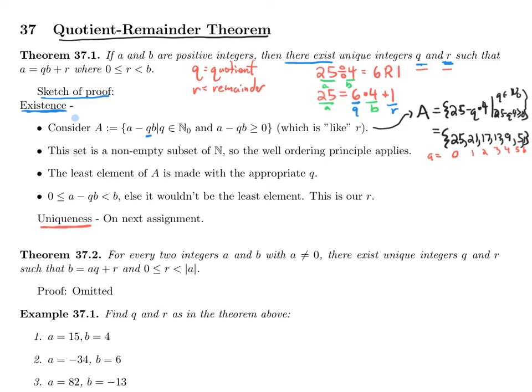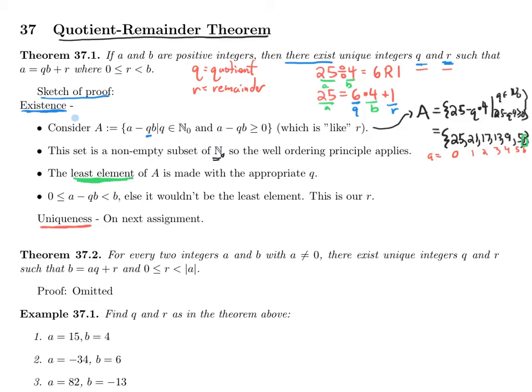This is a subset of the natural numbers, or you could even make it the whole numbers, it doesn't really matter. This indeed does have a least element, which is 1.